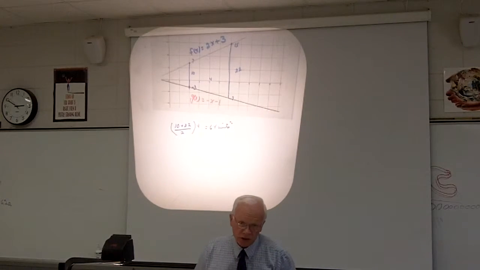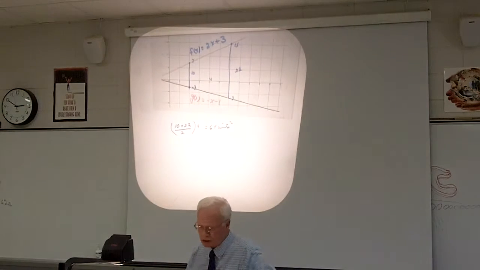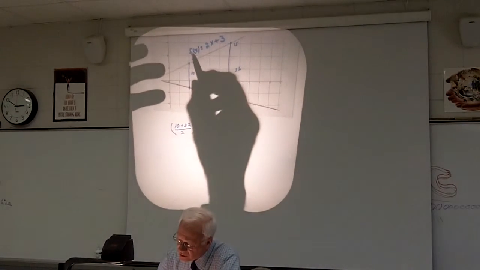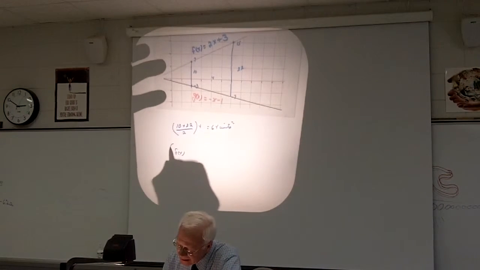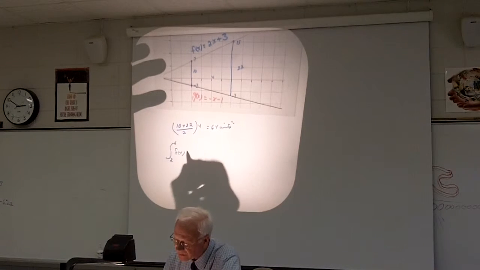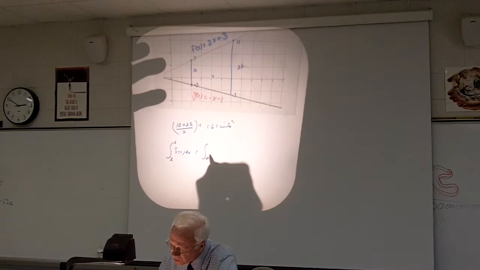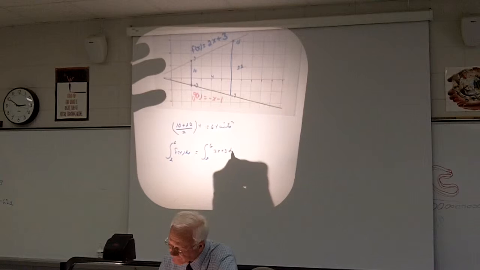Okay, now we're going to use the calculus to do this. And this is to teach you how the system works. I'm first going to take a look at this function here. And I'm going to use f of x and find its area from 2 to 6, dx, which turns out to be nothing more than the integral from 2 to 6 of 2x plus 3 dx.